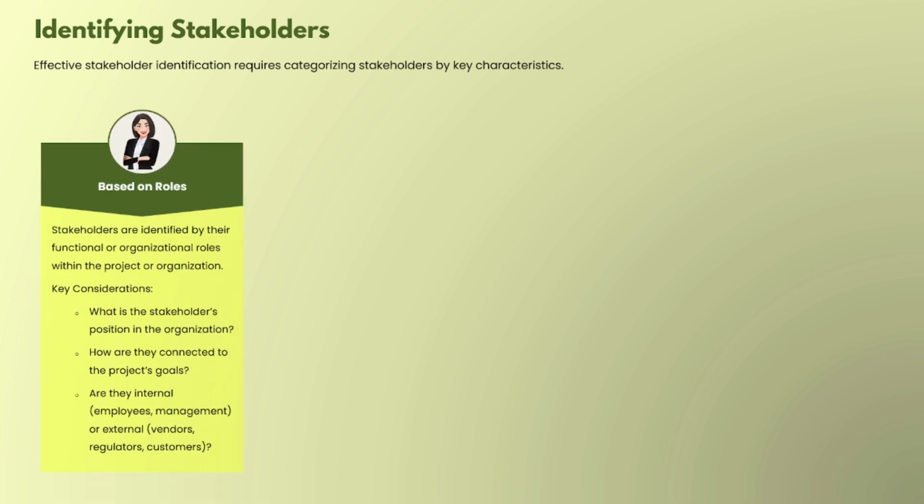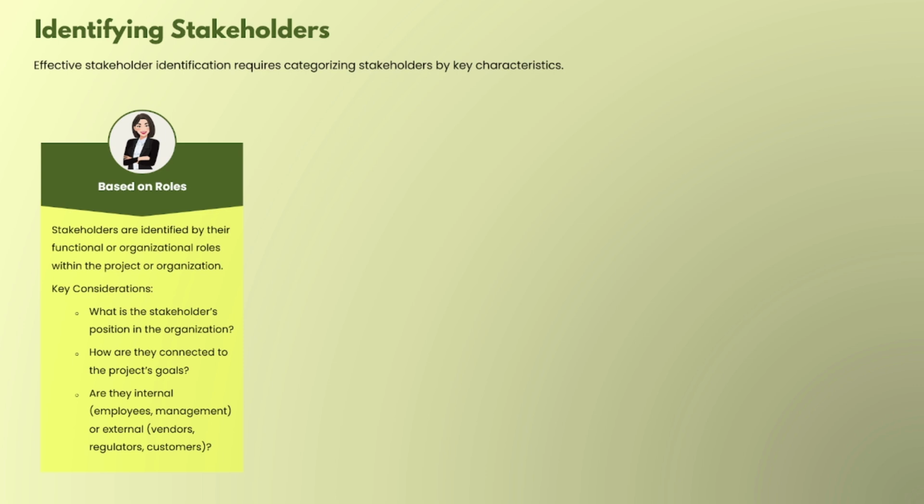Finally, we come to identifying stakeholders. Effective stakeholder identification requires categorizing stakeholders by key characteristics. We will see each characteristic along with its considerations. The very first is based on roles. Here, stakeholders are identified by their functional or organizational roles within the project or organization.